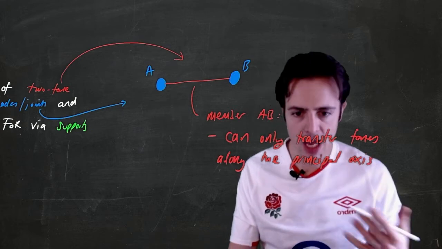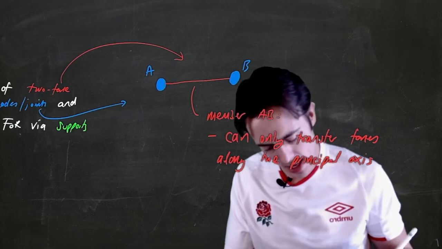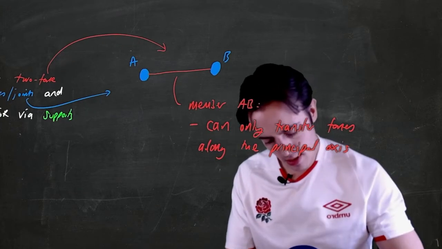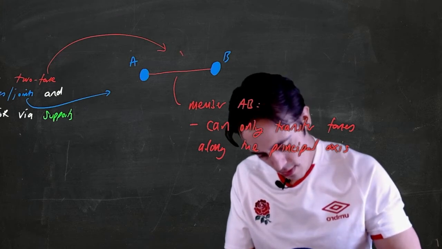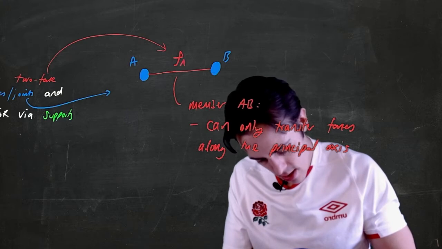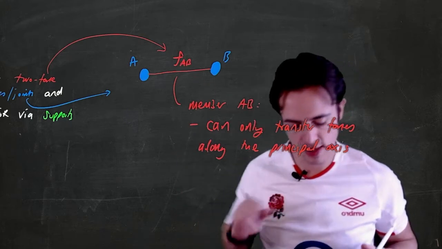So I've put here, member AB can only transfer forces along the principal axis, okay? So the force that would be present in this member, I'll give the symbol lowercase f AB, okay? That is the force present in this member.